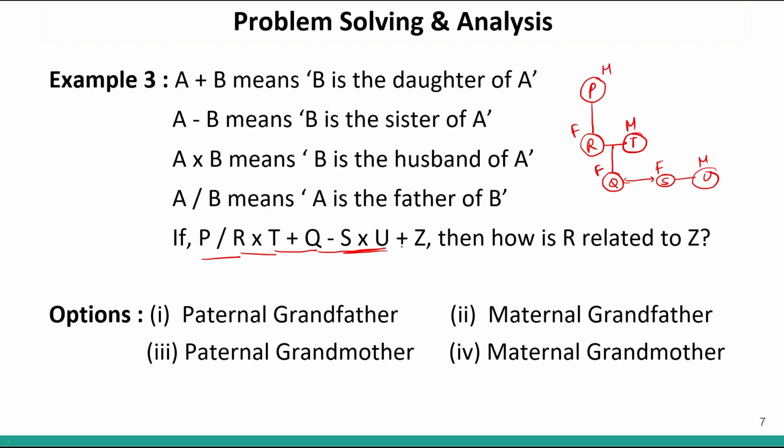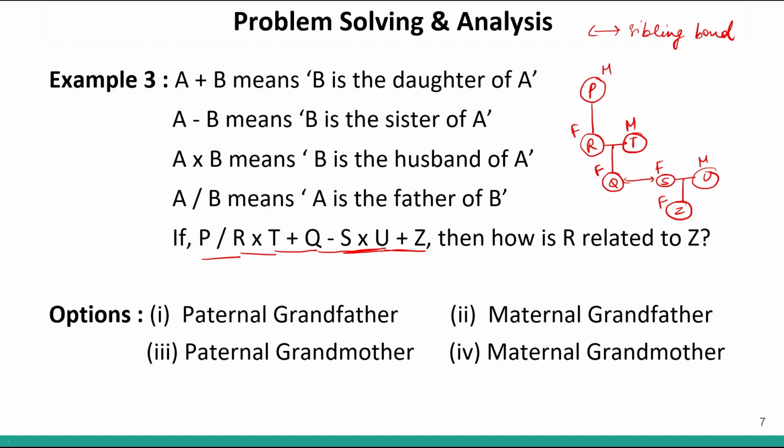And U plus Z means Z is the daughter of U. So S and U will have a daughter Z. She will be female. So this is a 4-generation chart. This is a sibling bond.